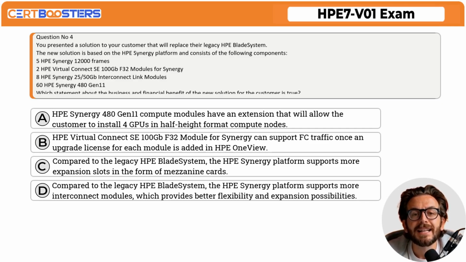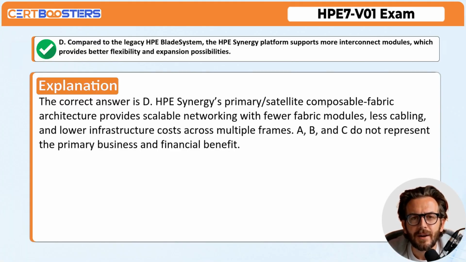C. Compared to the legacy HPE blade system, the HPE Synergy platform supports more expansion slots in the form of mezzanine cards. D. Compared to the legacy HPE blade system, the HPE Synergy platform supports more interconnect modules, which provides better flexibility and expansion possibilities. Correct answer, D.